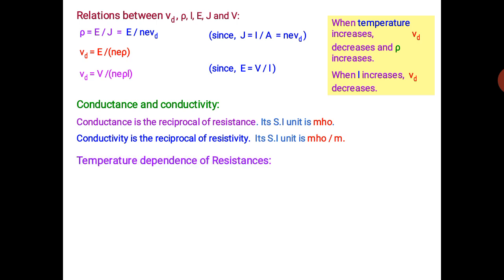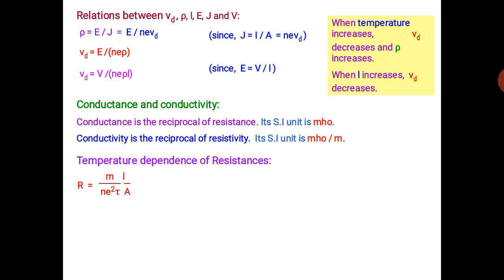Okay. So, next one is temperature dependence of resistance. We have already discussed that Ohm's law is valid only at constant temperature. As the temperature varies, resistance also varies.